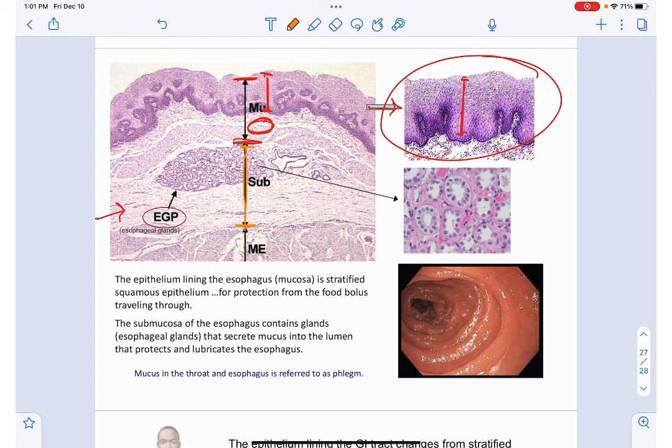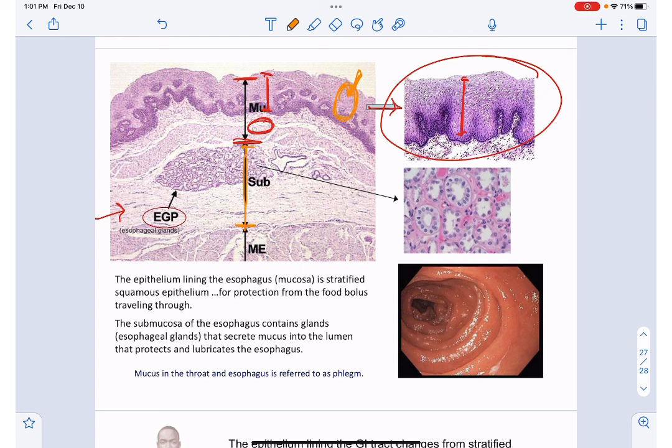And when we get to the stomach and the small intestine and large intestine, we'll find that there's little glands called goblet cells within the epithelial layer that are going to secrete mucus. But we don't find those goblet cells in the epithelium of the esophagus. We don't find it within stratified squamous epithelium.